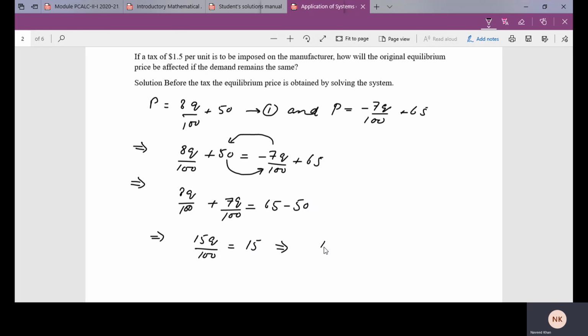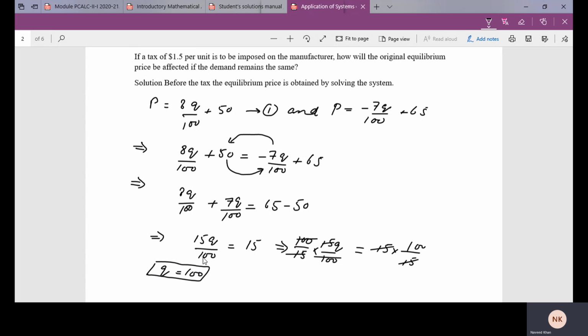So it will become q is equal to 15 multiplied by 100 by 15. The 15 and 15 cancel, 100 and 100 cancel. So q is equal to 100. This is the value of q.